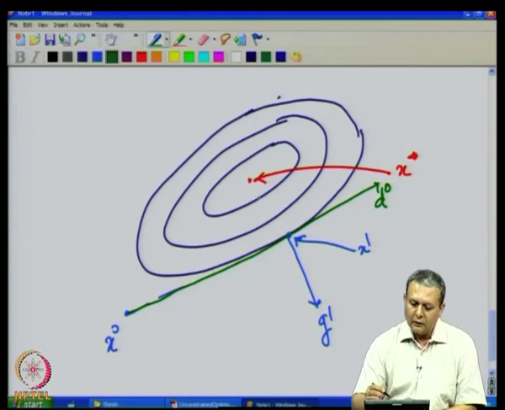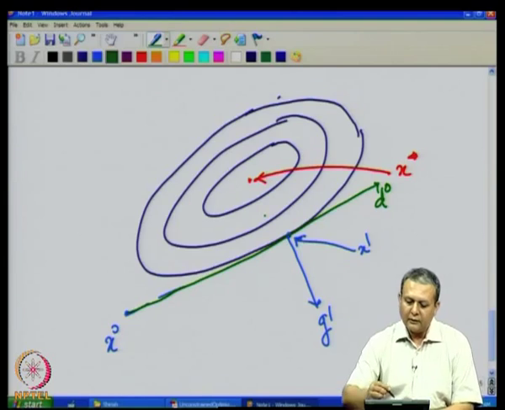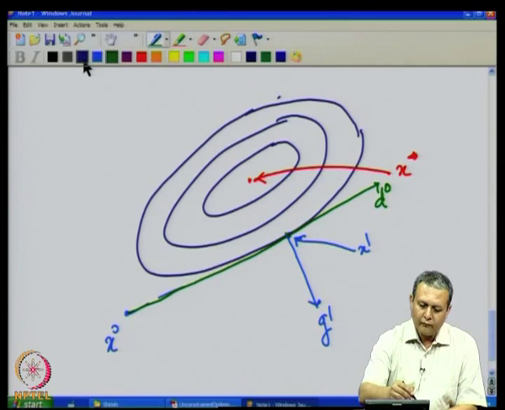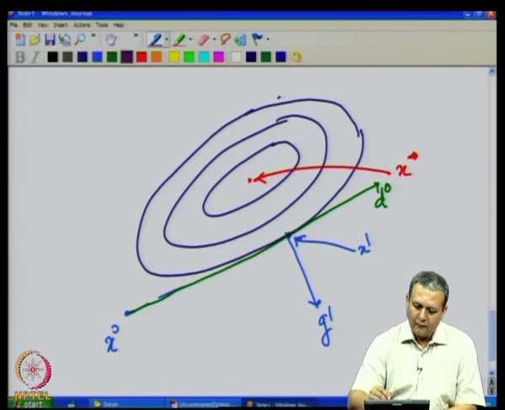Now let us look at this direction, the direction which we get from x1 to x star. So, let us look at this direction.